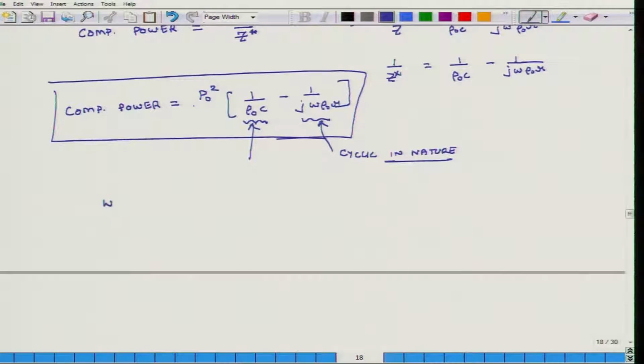Now, when 1 over rho naught c is extremely large compared to 1 over j omega rho naught R, this j term should not be there.